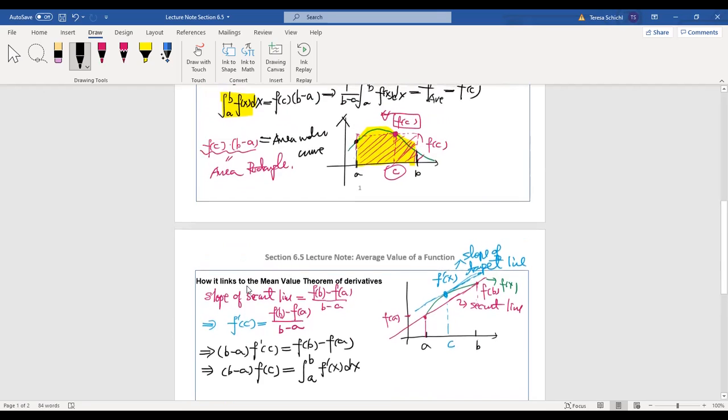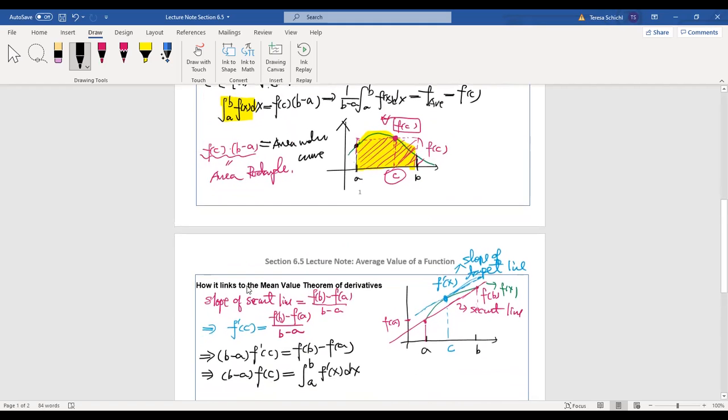Did you see? It's exactly the same as what we have over here.